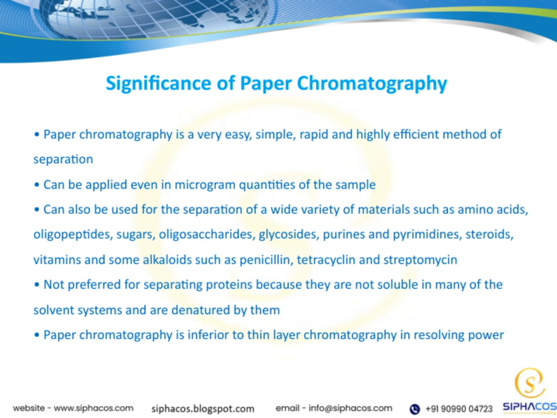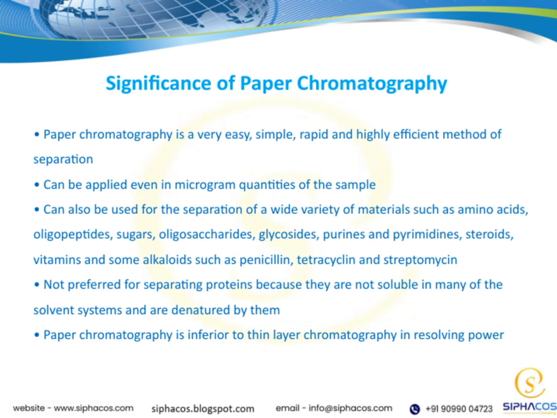However, it's important to note that paper chromatography isn't ideal for separating proteins. Proteins tend to be insoluble in many solvents used in this technique, and they can also get denatured during the process, which makes separation difficult. Lastly, while paper chromatography is useful, it's actually considered to be less powerful in resolving closely related compounds compared to thin layer chromatography.